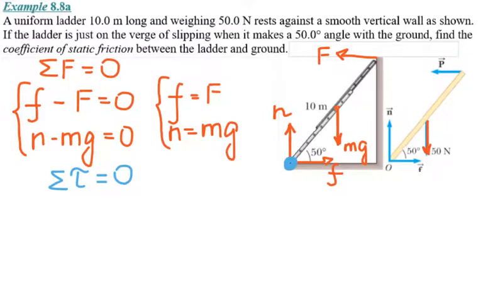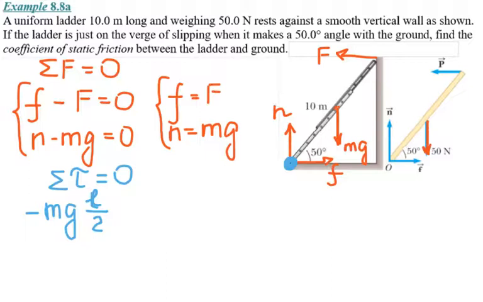So let's write the torques acting on the object. Friction times the distance, which is 0, we can cancel. Normal times the distance, which is 0, we can cancel. There is the force mg acting on the ladder, so I'm going to write mg, and mg is causing it to rotate in the negative direction, clockwise. The distance it's located at is the length over 2, so it's L over 2.